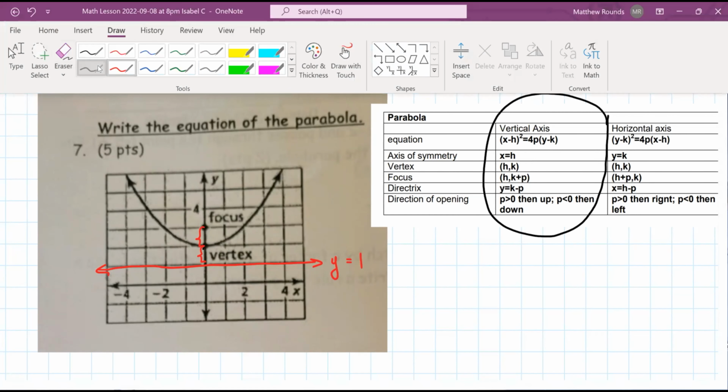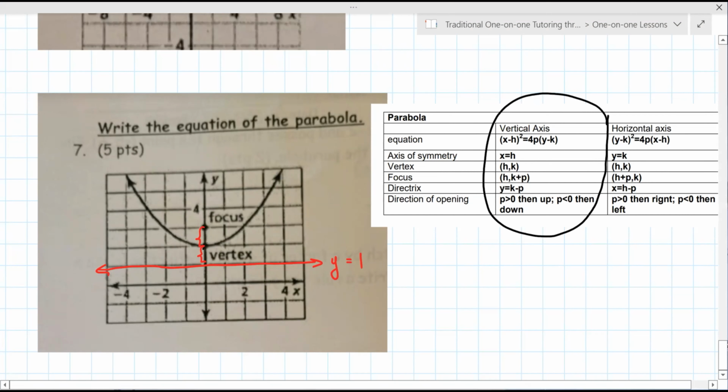So we need the vertex, and the vertex is right there. There's the origin. So the vertex is at 0, 2. We can see from the formula here, the vertex is h, k. So we know h and we know k.